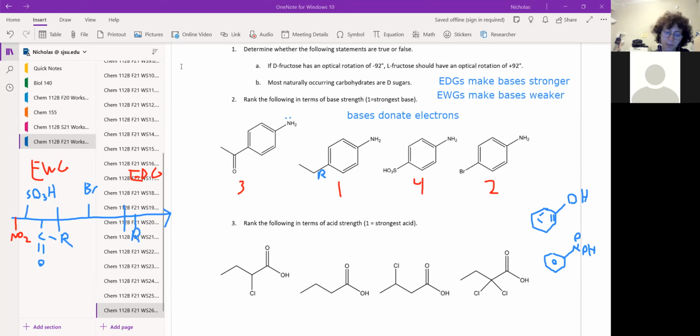So if you're looking at an acid, an EDG makes it weaker. EWGs make acids stronger. So just remember that the context is important. If he's asking you about bases or acids, it affects what makes it strong and weak. These two kind of go hand in hand, but just don't forget the difference.